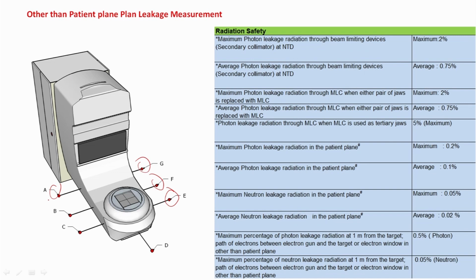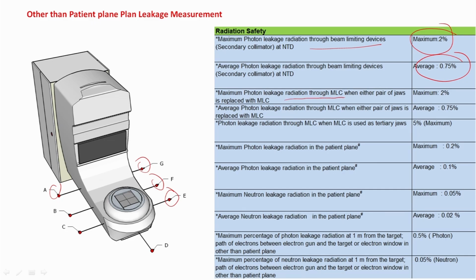This other than patient plane leakage measurement is performed for photon beam leakage as well as neutron leakage. The maximum photon leakage radiation through a beam limiting device like a collimator has a tolerance limit of maximum 2%, and the average photon leakage through the beam limiting device, meaning through the X and Y jaws, should be 0.75%.